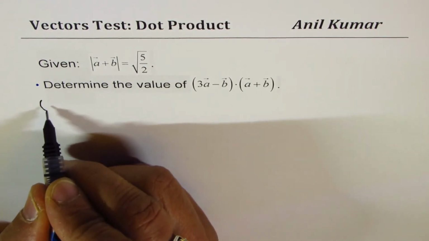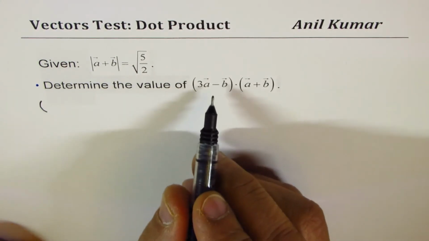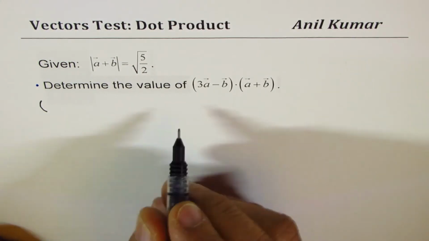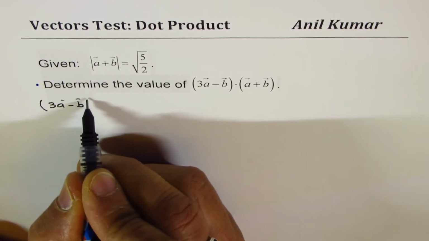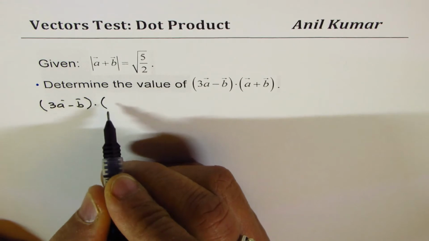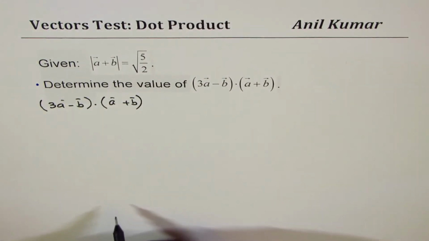Since, as I said, you don't really have to find the angle between A and B to calculate the dot product. Let's see how. So we are given here 3A minus B. A and B are vectors. Dot product is always between vectors, right? Okay.